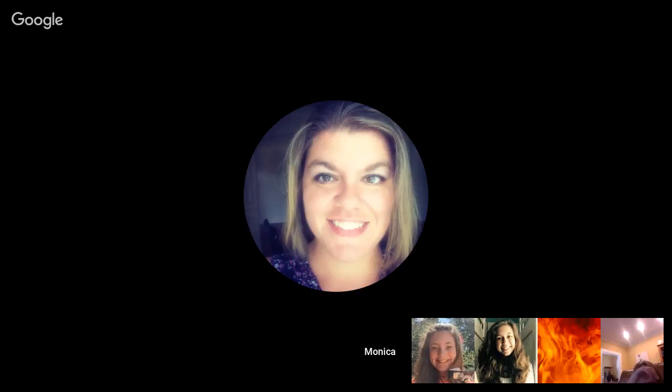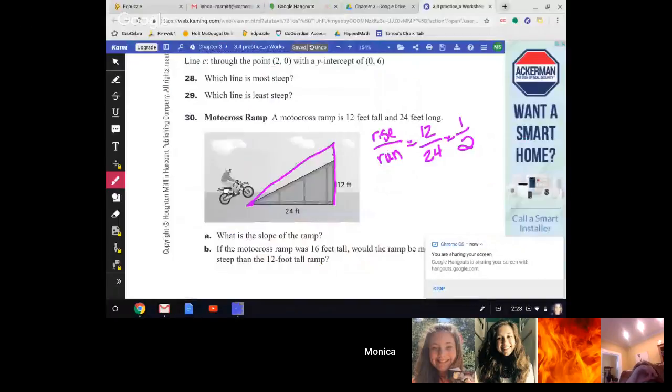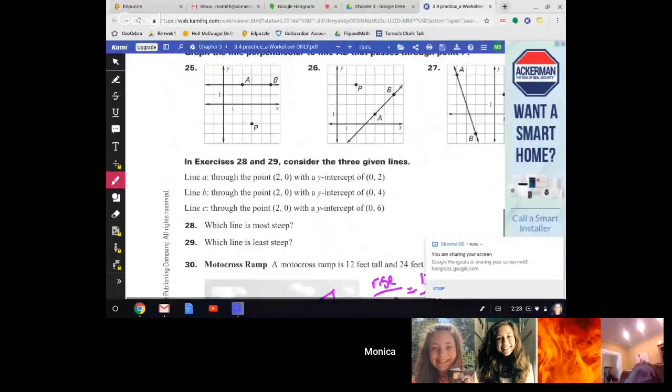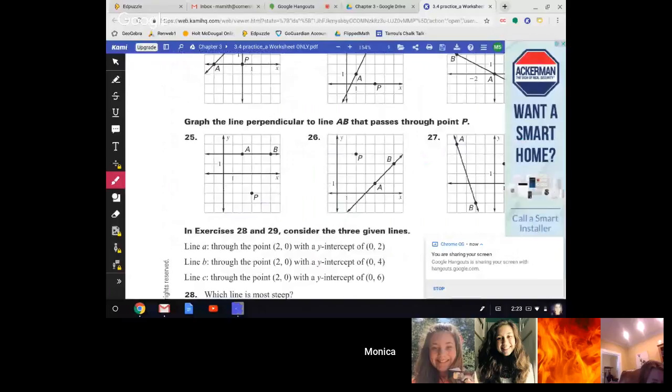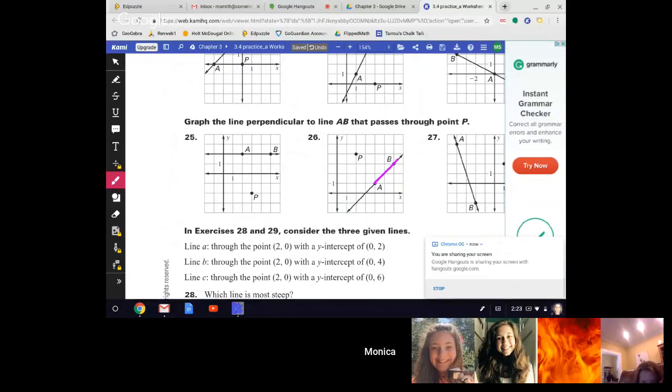Okay, -1. So if your slope here is 1, and your new slope is -1, and it's going to go through point P, right?